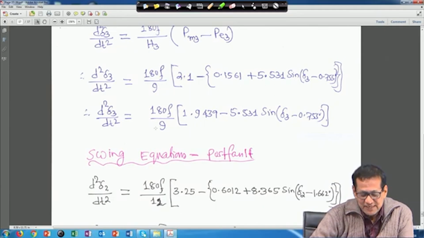So d square delta 3 upon dt square is equal to 180f upon 9 into 1.9439 minus 5.531 sin of delta 3 minus 0.755 degrees. Thank you very much, we will be back again.